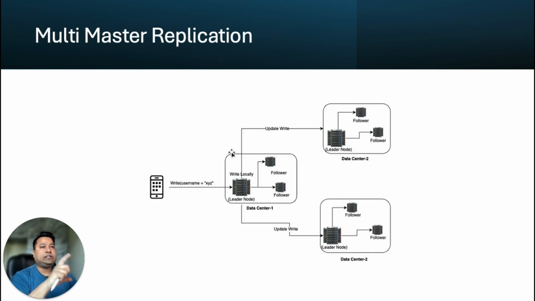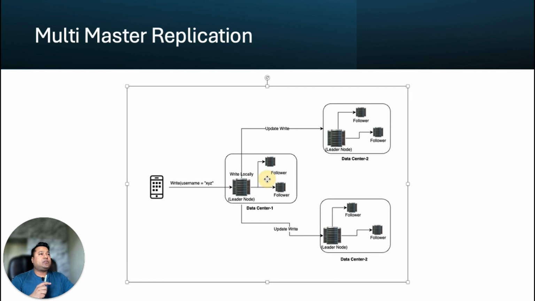So this is your multi-master replication scenario. Let's say you have multiple data centers: data center 1, data center 2, data center 3. Now each data center has one leader node. It doesn't mean that every node will act as a leader node.